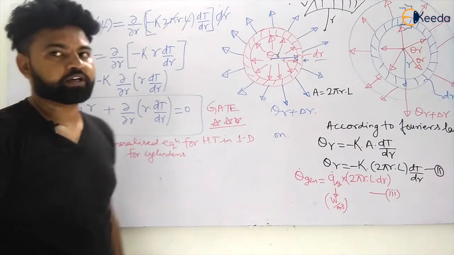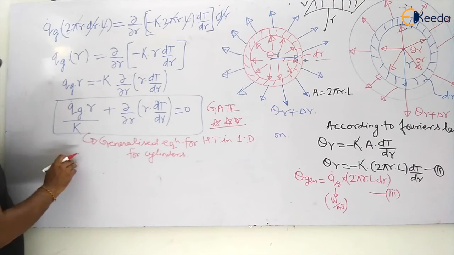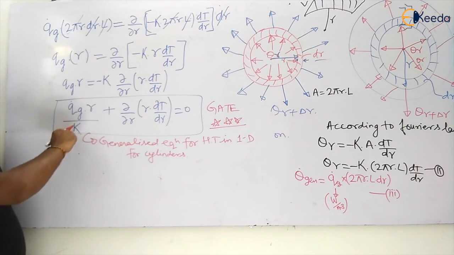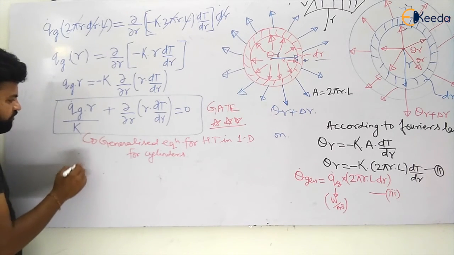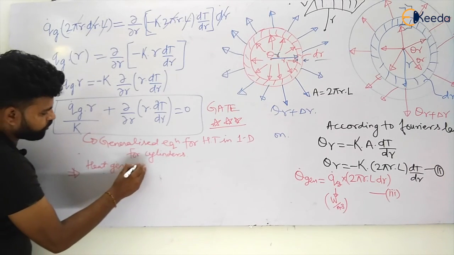My dear students. Okay. So if heat generation is zero, what will happen? Let us see. If heat generation is zero, then this term will become equal to zero, and the remaining equation will be left.